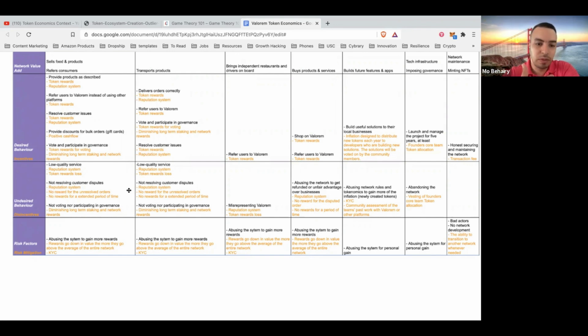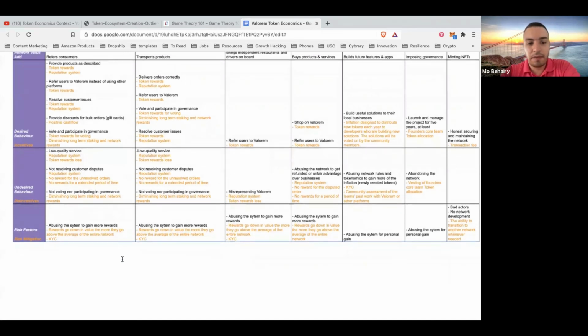In a decentralized system the network is owned by the restaurants, so they should be actively solving consumers' disputes, right? And then we push them. Within the design of the token there are actions where we punish them through the reputation system if they don't resolve consumer disputes. If they resolve them, they get rewarded, and so on.